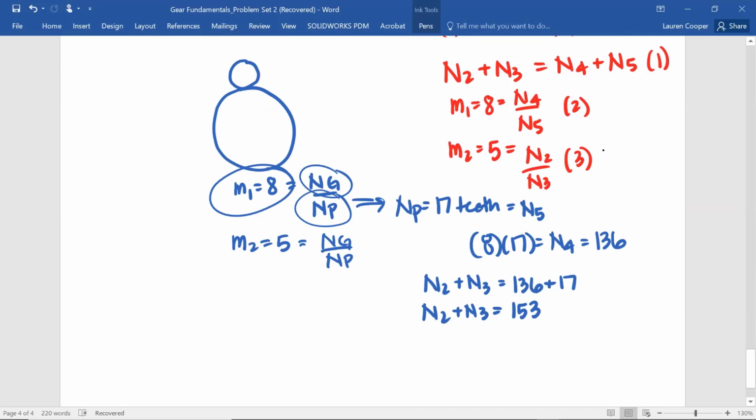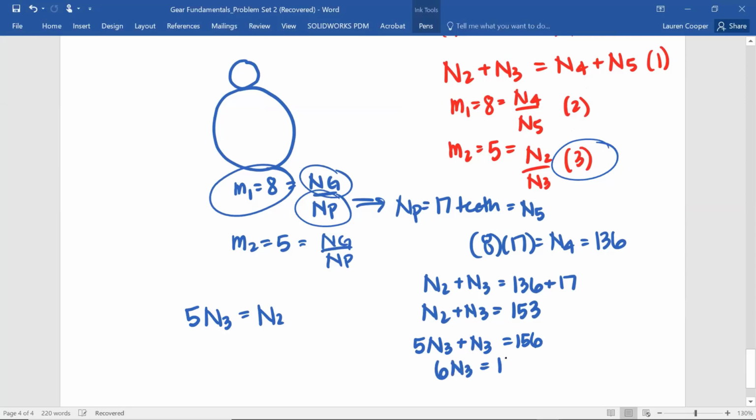And now let's use equation 3. And we can say that 5N3 equals N2. So 5N3 plus N3 equals 153. So 6N3 equals 153.